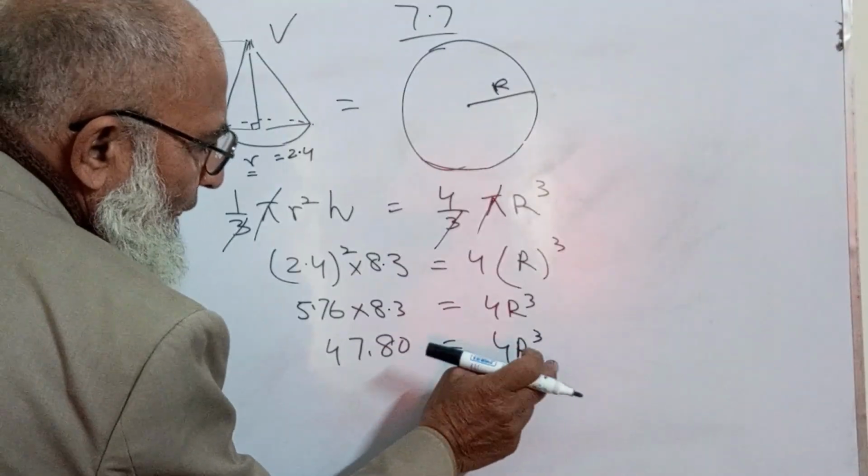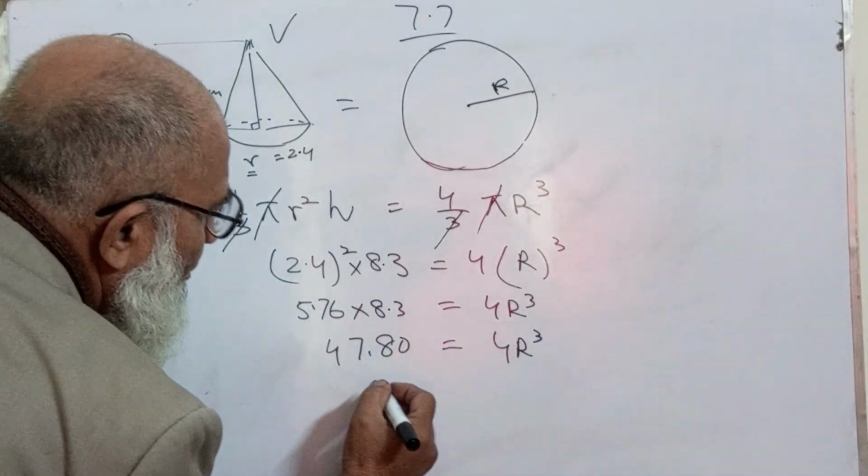Now we have to find this r, flipping over the sides.